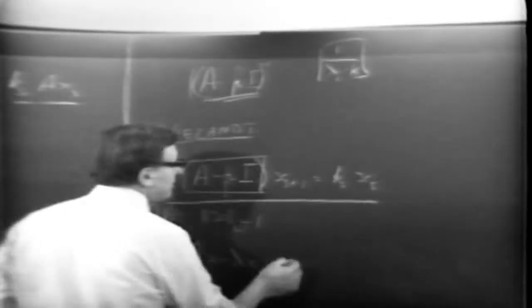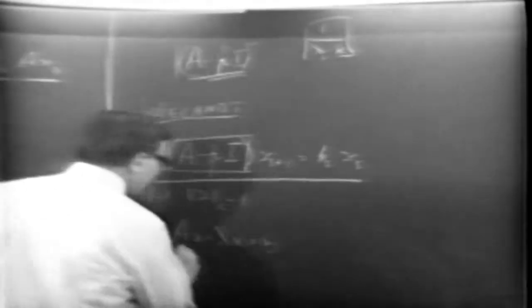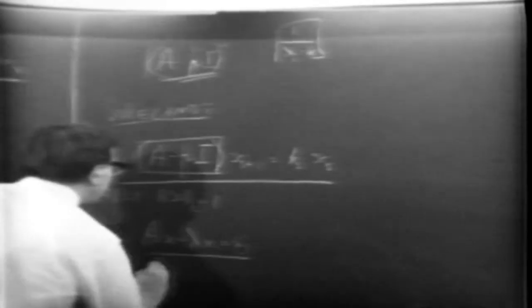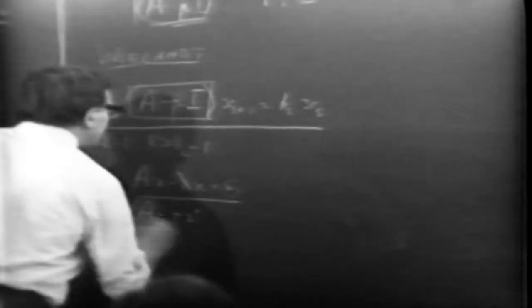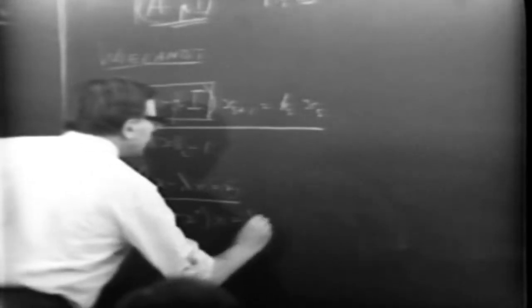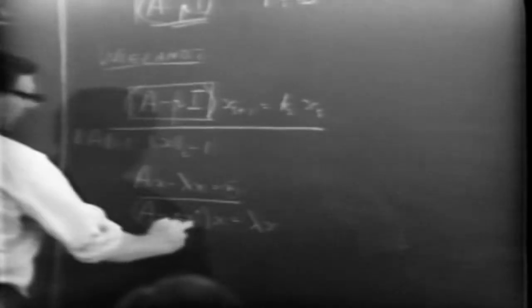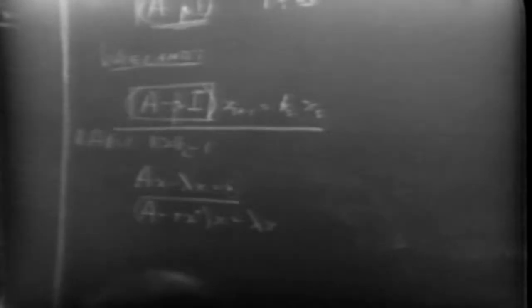This residual would be 0, and if it's exactly 0, then it is an exact eigenvalue and eigenvector. But let us take that relation for the moment, whether r is small or not. We just define it by that equation, and we can write it in the form (A - r x^H) x equals lambda x, because I've assumed that x^H x is 1 because I've got a normalized vector.